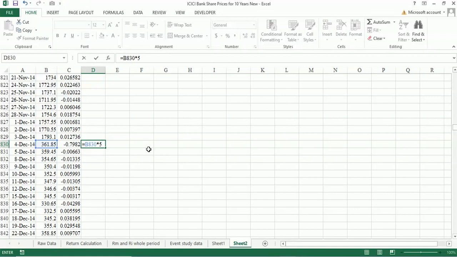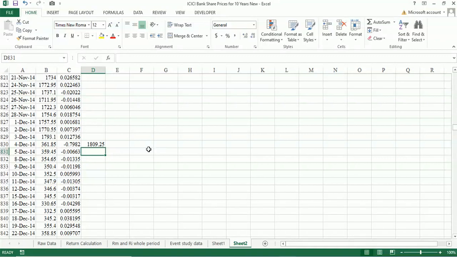So 361.85 multiplied by 5. This is the probable share price on that day. This would have been the price if there was no split on that particular day.